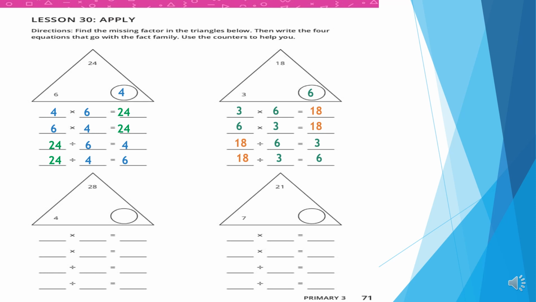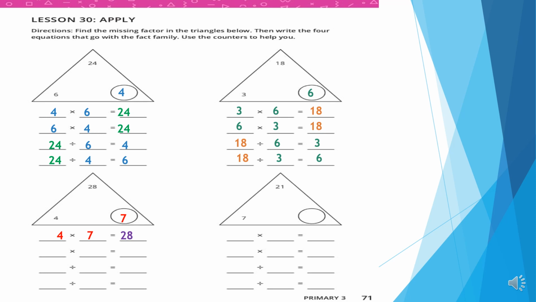The last one we have 4 and 28. Which number can complete this family? 4 times what equals 28? 4 times 7. So the first equation, 4 times 7 equals 28.